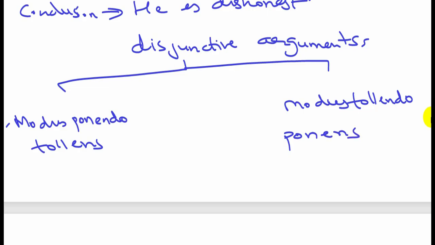These forms are often expressed as rules of disjunctive arguments. So disjunctive arguments are of two types: modus ponendo tollens and modus tollendo ponens.